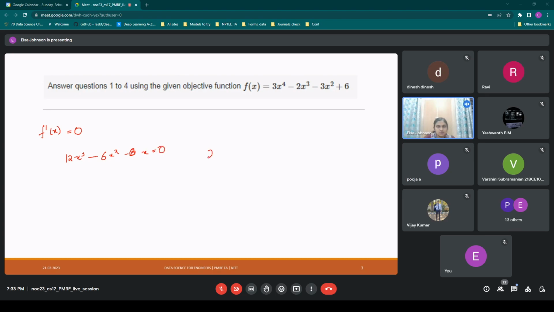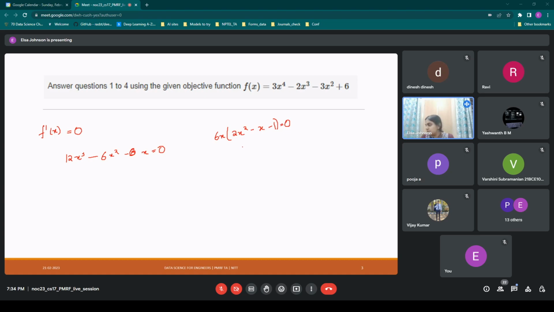If you take 6x outside, then it will be coming like 2x square minus x minus 1 equal to 0, right?